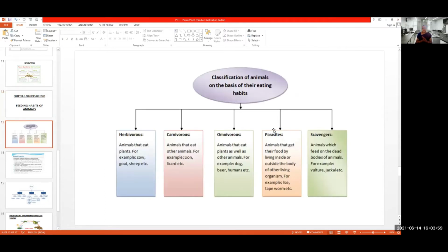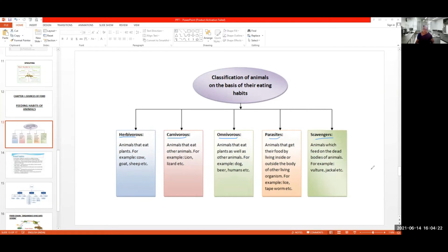Now we'll enter into the topic, feeding habits of animals: classification of animals on the basis of their eating habits. The groups are herbivorous, carnivorous, omnivorous, parasites, and scavengers. Once more: herbivorous, carnivorous, omnivorous, parasites, and scavengers.